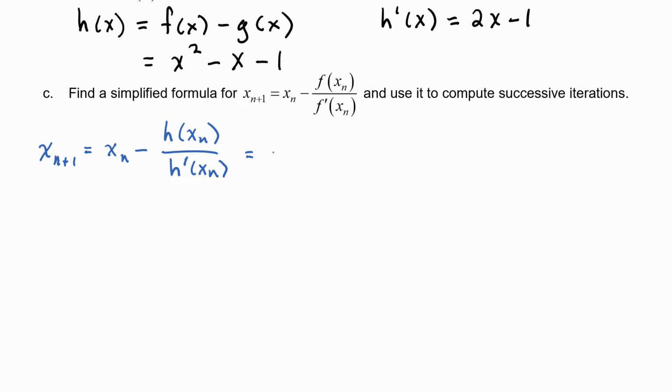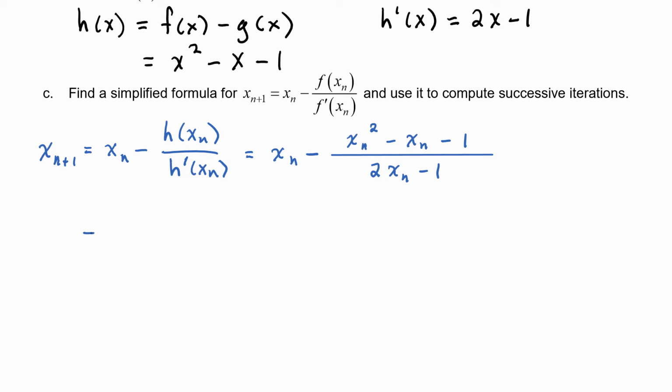So this is going to equal xn minus h of xn goes in the numerator. So xn squared minus xn minus 1. And in the denominator, we have to put h prime of xn, which would be 2 times xn minus 1.